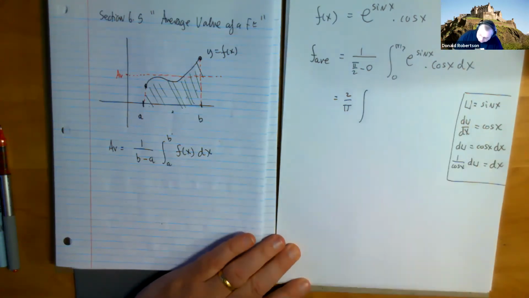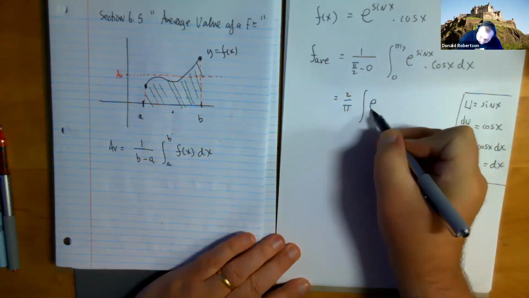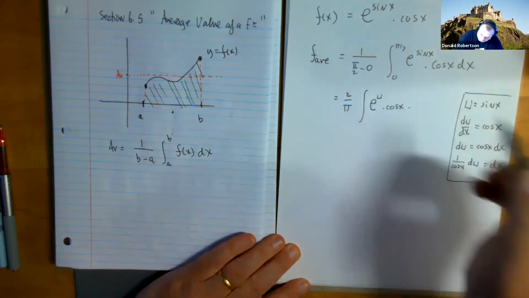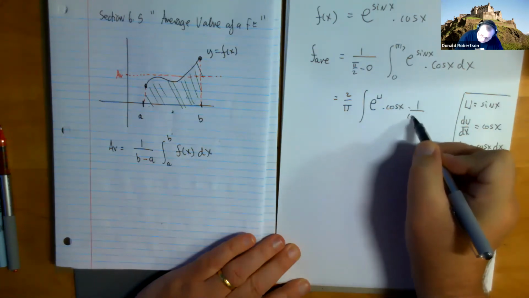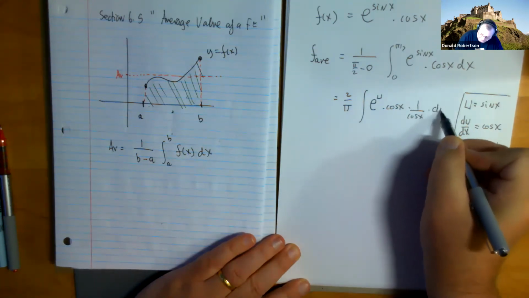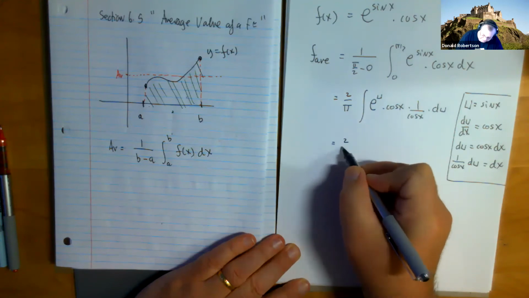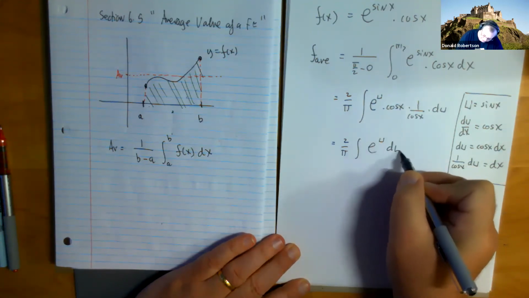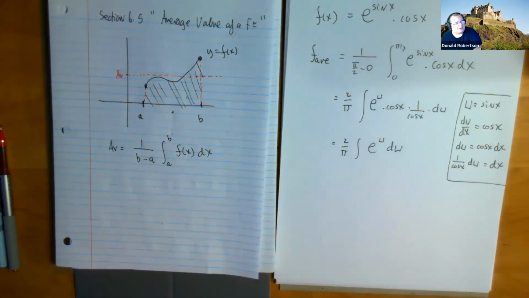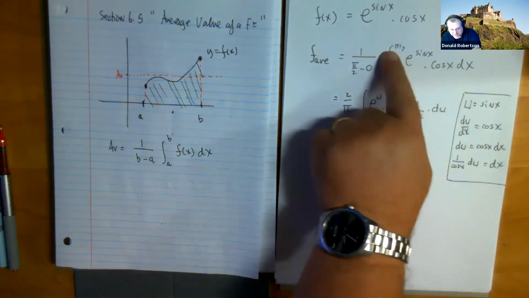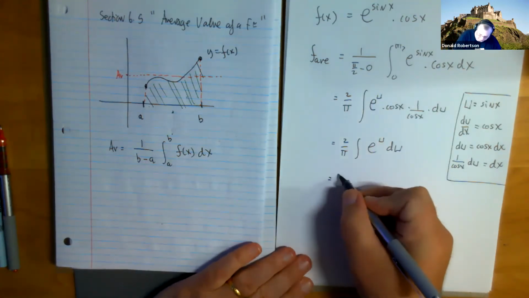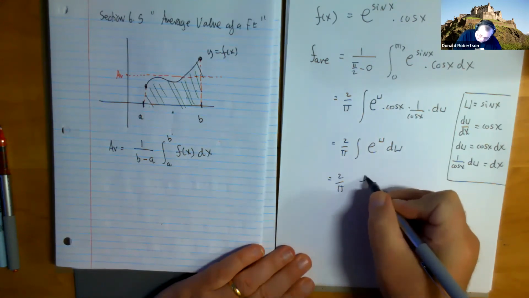Now, it's going to be the integral of e to the power of u cosine x times 1 over cosine x du. And sometimes it's just so elegant, is that not pretty? It just is so nice looking. Well, we're just going through the usual thing.